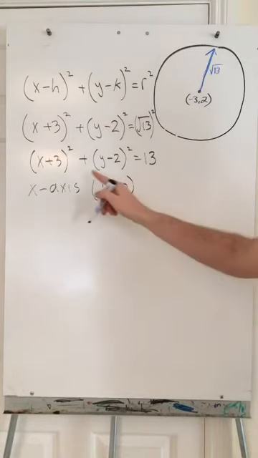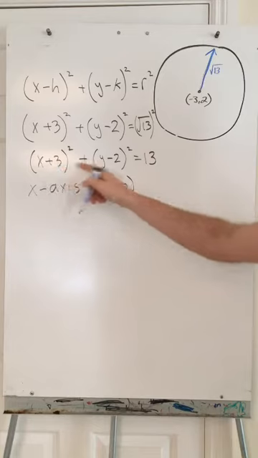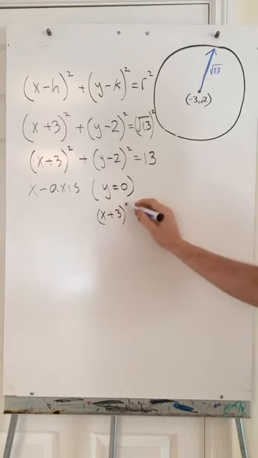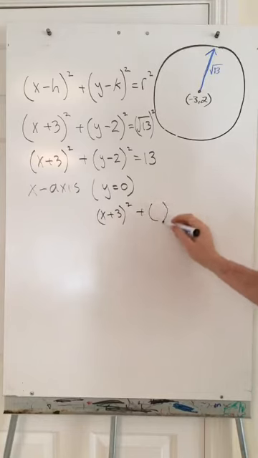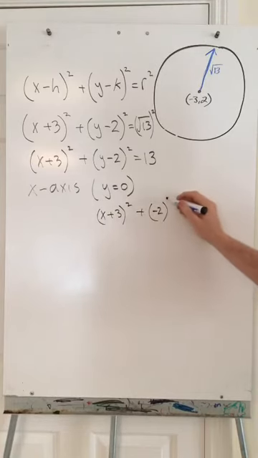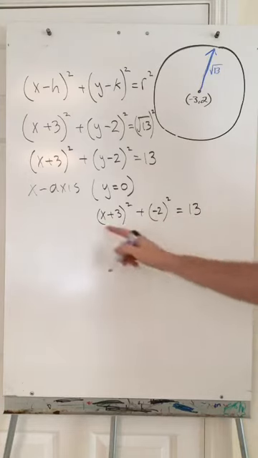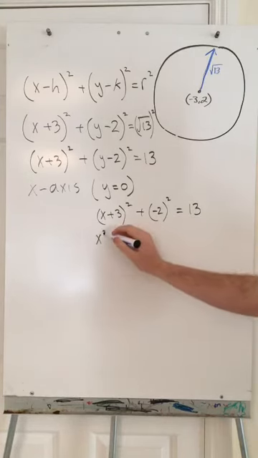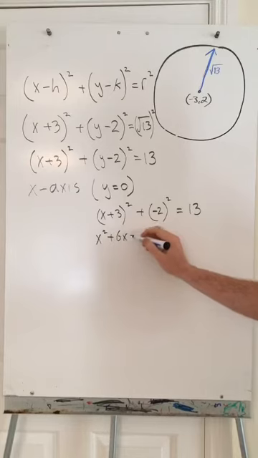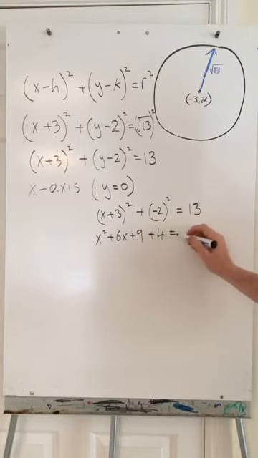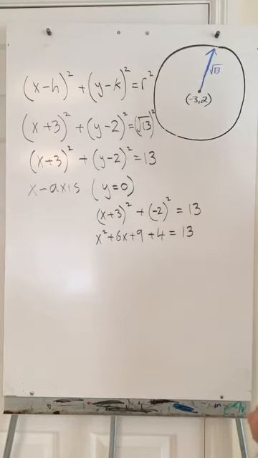So if I was to let y equal to 0 in my equation, I would have (x plus 3) squared plus, if y was 0, this would just turn into minus 2 squared, and that would equal 13. If I multiply this out, I'm going to get x squared plus 6x plus 9. This will become plus 4, and that will equal 13.